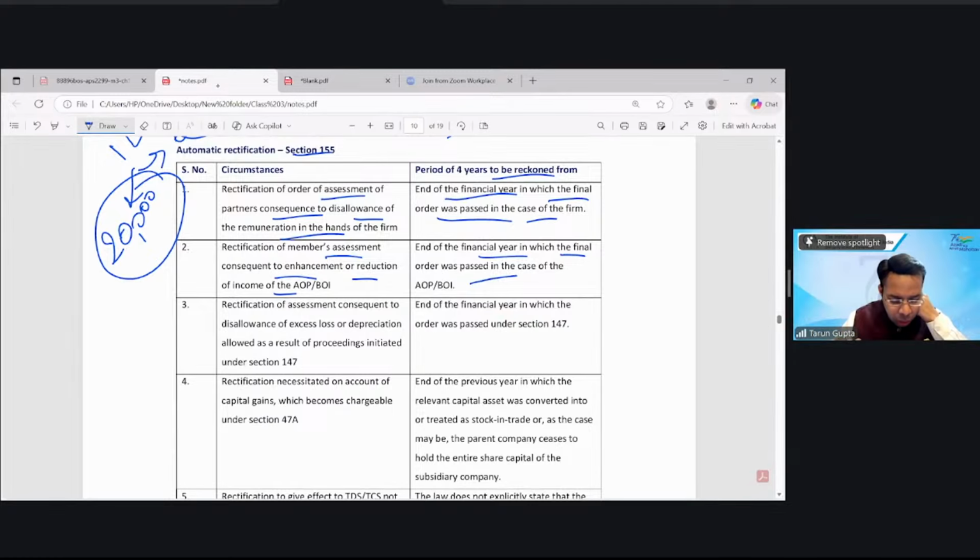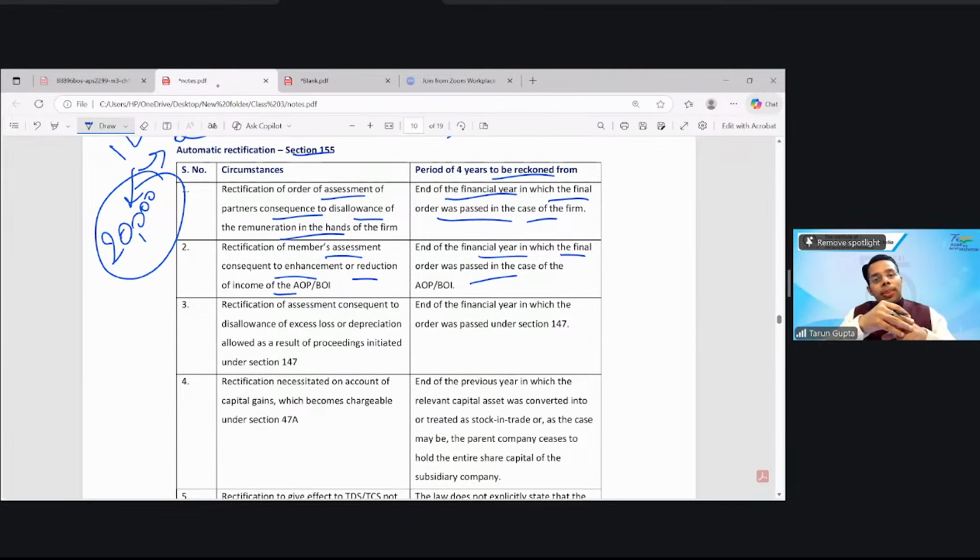Rectification of assessment consequent to disallowance of excess loss or depreciation allowed as a result of proceedings initiated under section 147. So what happens is that I furnish a return of income claiming a loss of, say, 1 lakh rupees. In a subsequent year, I set off this 1 lakh against the income. Okay, I adjusted this 1 lakh.